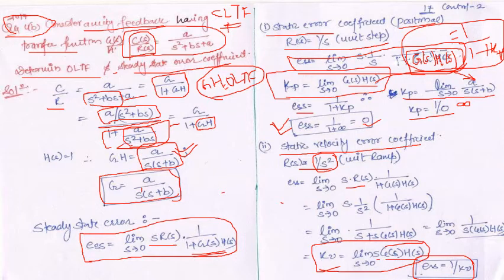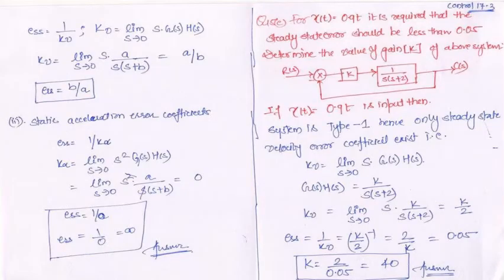This is your G(s)H(s), and if you substitute the limit, multiplying with the s, you will find that this s will get cancelled out. And you will end up with a by b. Okay, that's what is there in the next slide. You will end up with a by b, and ESS is the inverse of Kv, so ESS is b by a.